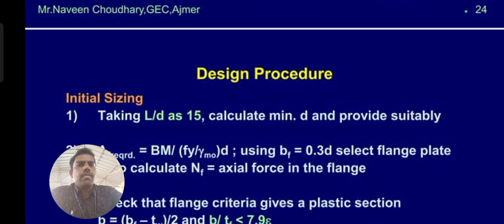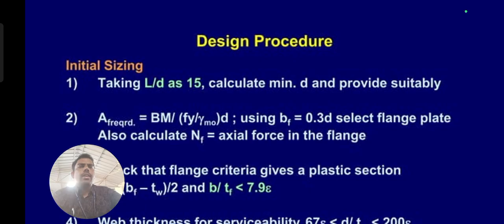And after that, what is the design procedure? Here the design procedure of the plate girder is involved. Taking the span by depth ratio as 15, the minimum depth is calculated and provided in a suitable manner. After that, the area required at that particular location is found using the formula bending moment by fy by gamma m0 into d.